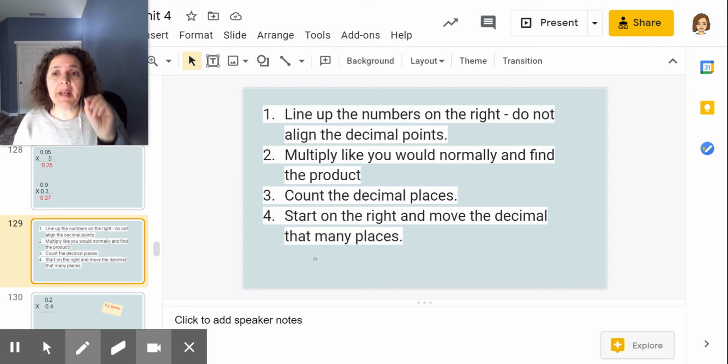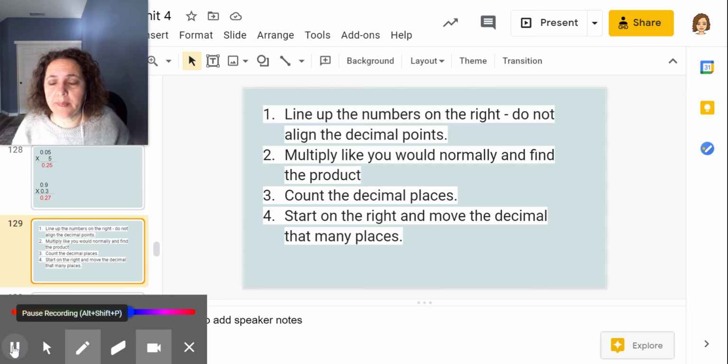We saw that in the previous lessons when I showed you on the place value chart how the numbers move. So the decimal doesn't move, the numbers are moving. Very important that you remember that.